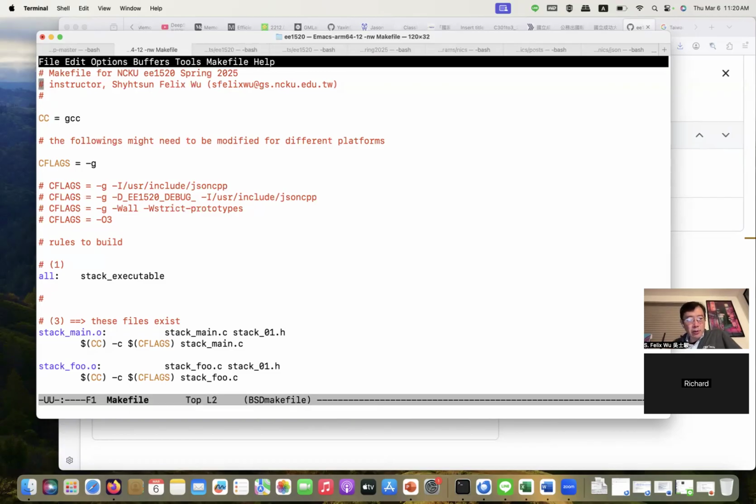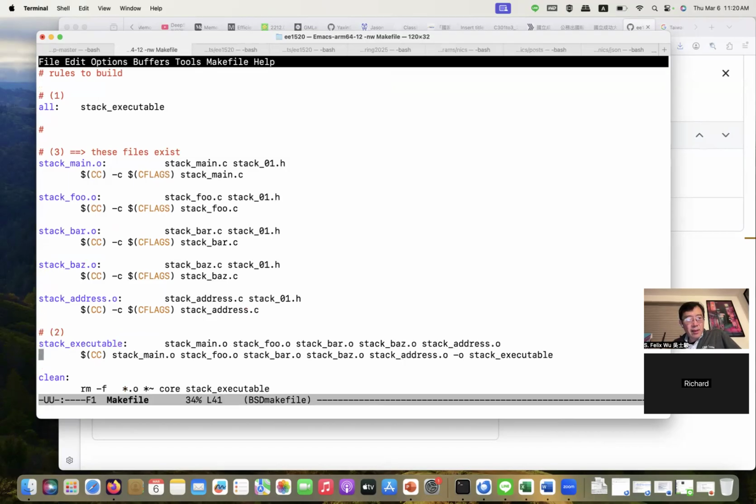But what I want to show you is that essentially in a makefile, I have a bunch of rules.